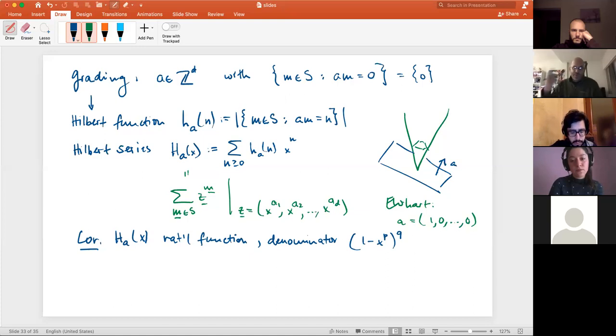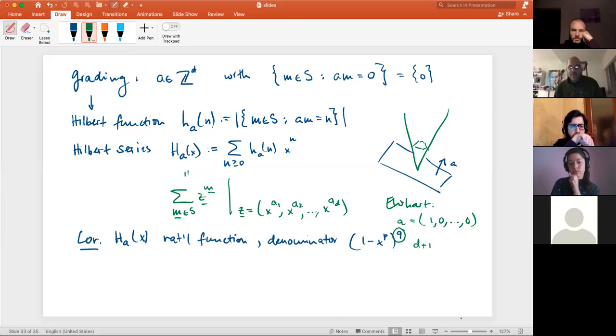You can multiply top and bottom to get it to this generic form. And you can convince yourself that this q has to be d plus 1. Okay.